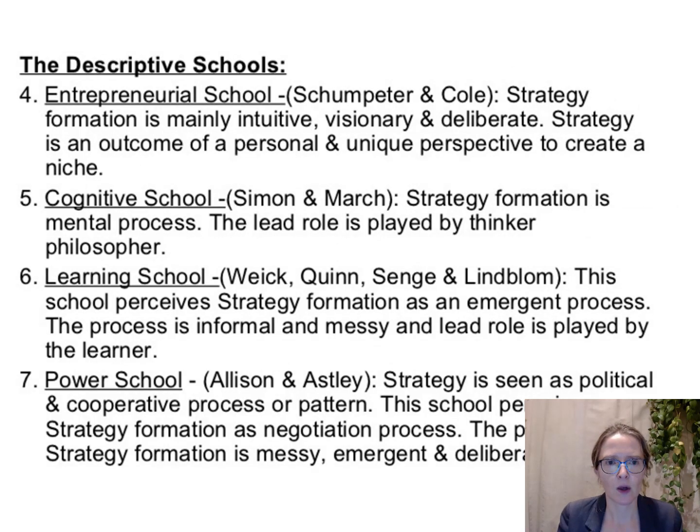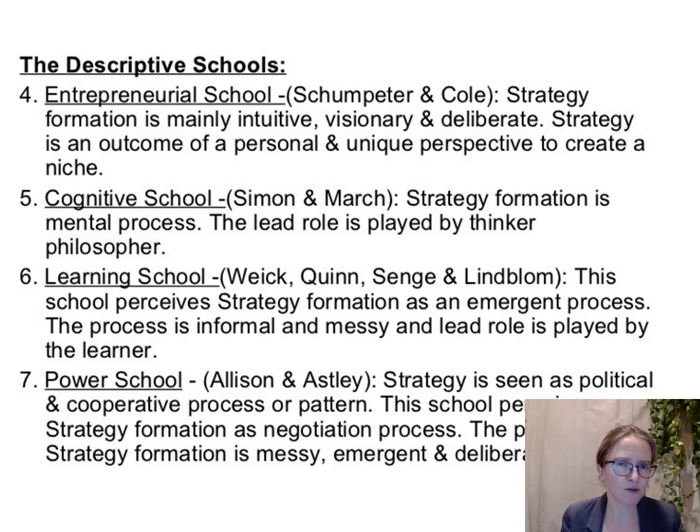Then you have the descriptive schools, and these are split into four here. We've got the entrepreneurial school by Schumpeter and Cole, where strategy formation is mainly intuitive, visionary and deliberate. Strategy is an outcome of a personal and unique perspective to create a niche.